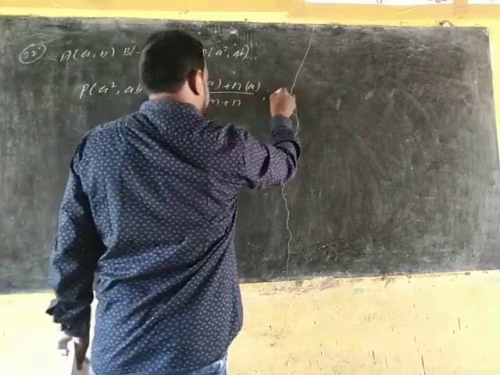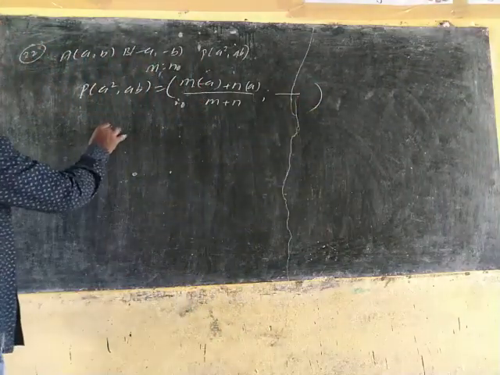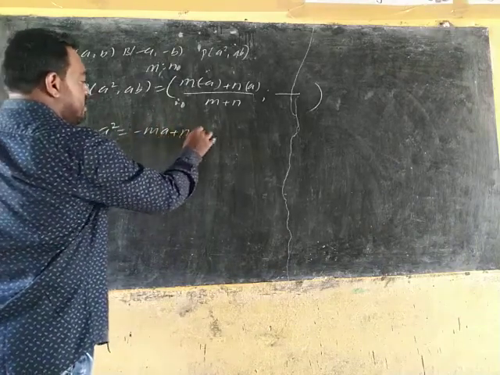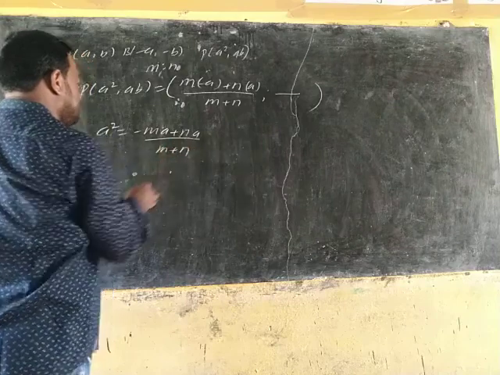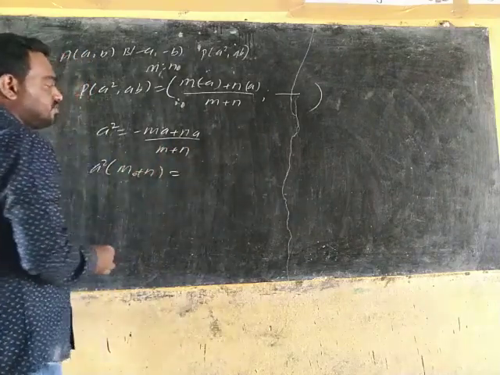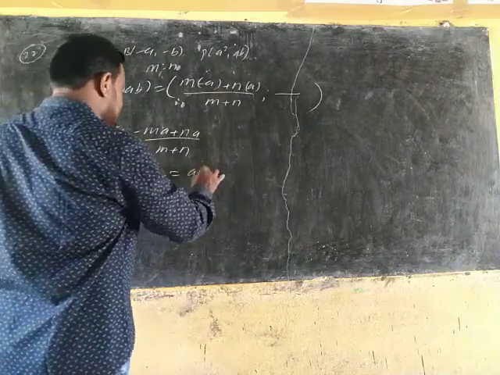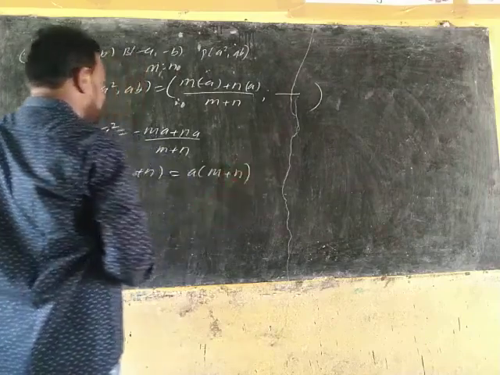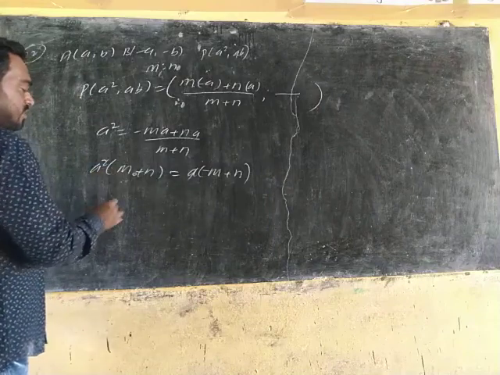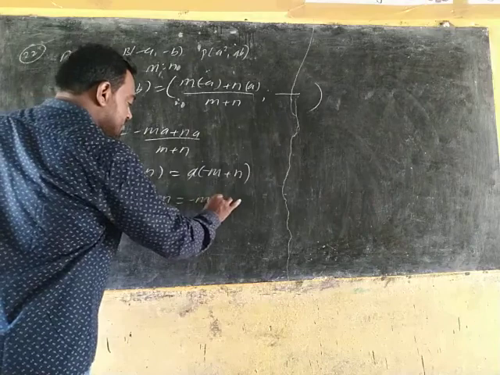The y-coordinate equation is not needed, just one equation is enough. So a² equals (-ma + na)/(m+n). So a²(m+n) equals -ma + na. With a common, we get a(m+n) equals -m + n.